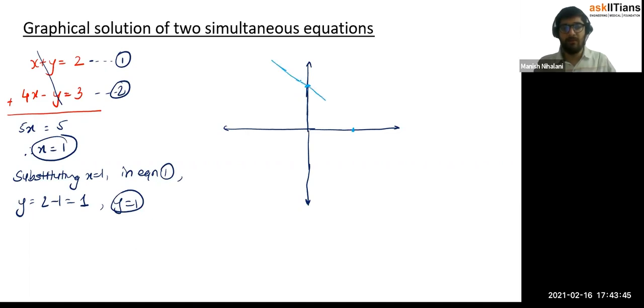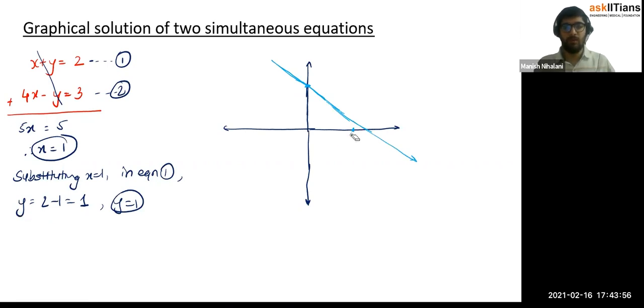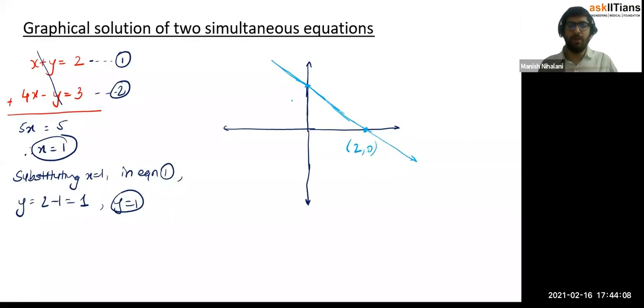This is the linear equation x plus y is equal to 2. This point is 2 comma 0, and this point is 0 comma 2.